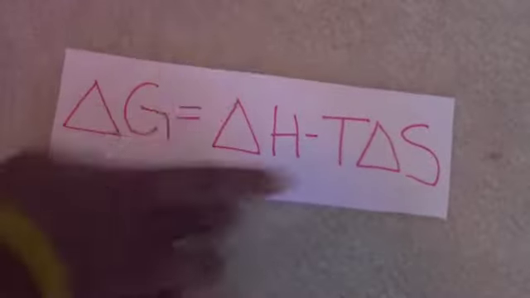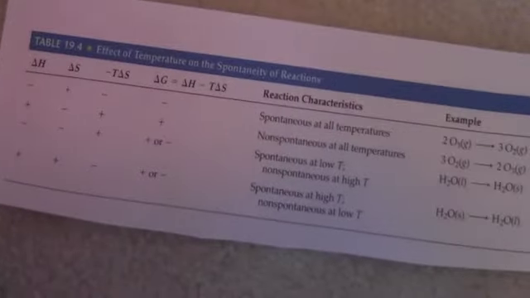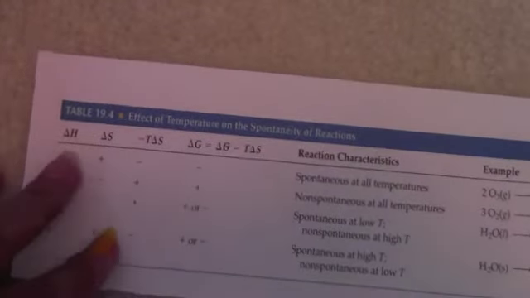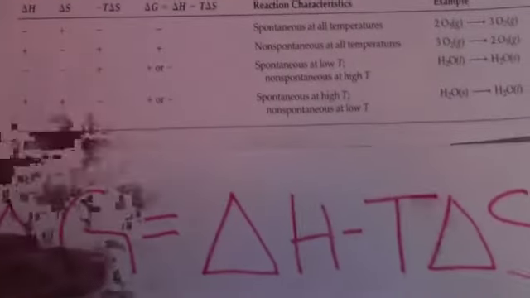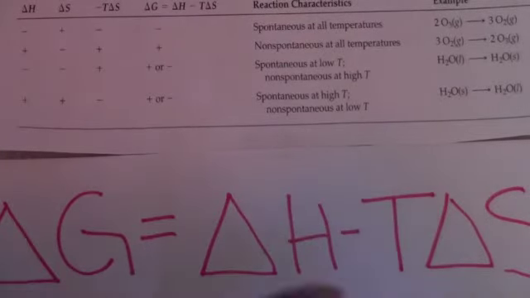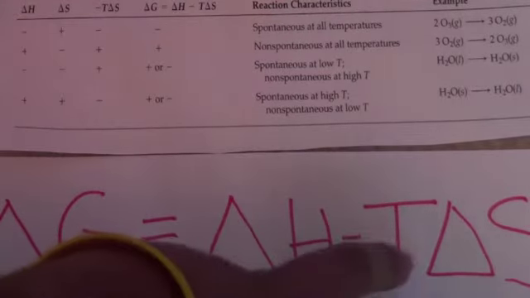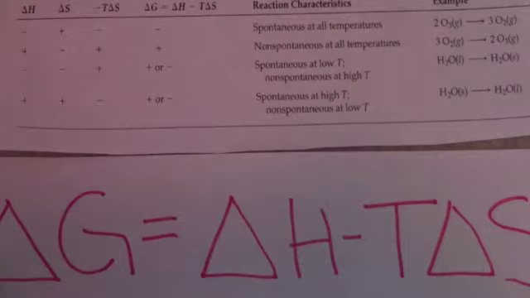So we have a simple chart here to discern between the different signs for delta S and delta H. If delta S is negative, delta H would have to be more negative than delta S multiplied by the temperature, in order for the Gibbs free energy to be negative, making the reaction spontaneous.